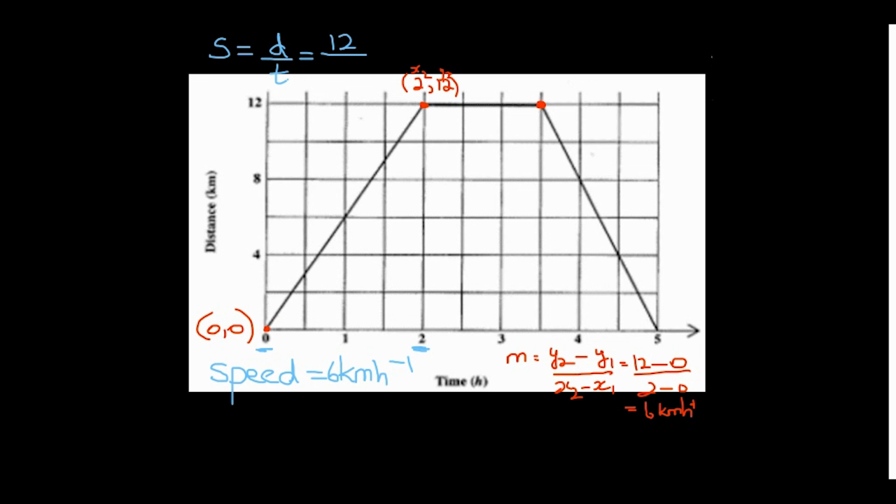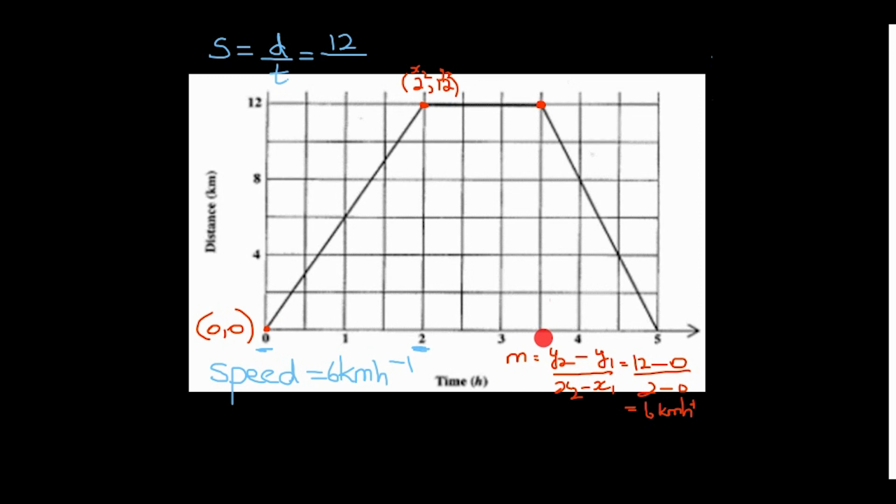Well, I go to my x-axis and I look at the time. When did I start this return trip? My rest ended at 3.5 hours. So that means at that point in time, my return journey begins.